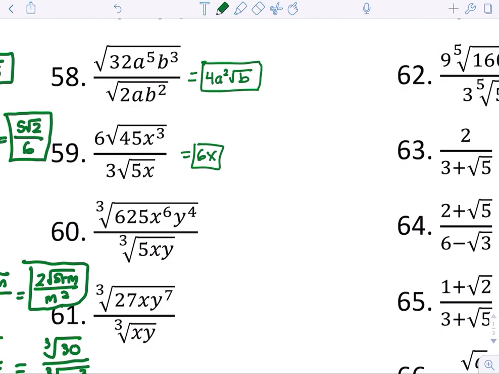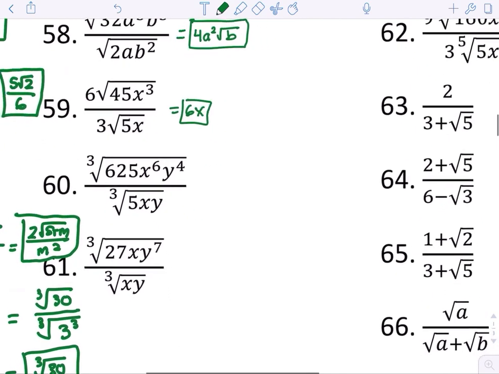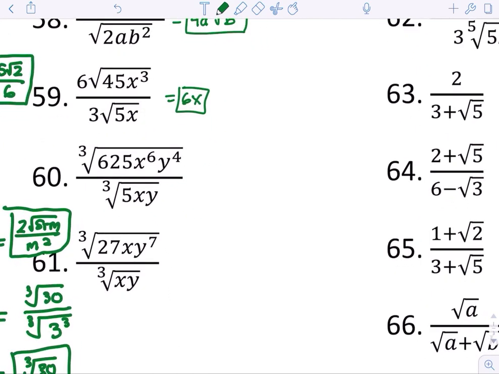Alright, this next one. Now we're dealing with cube roots, right? So, if we're dealing with cube roots now, all of these have to have a power of 3.